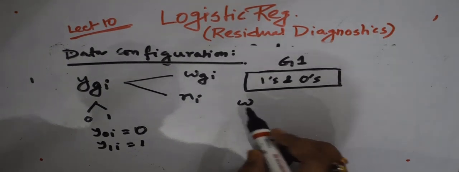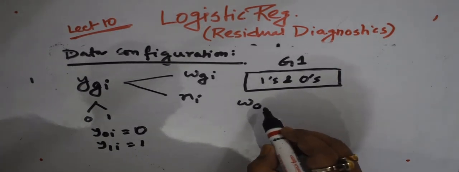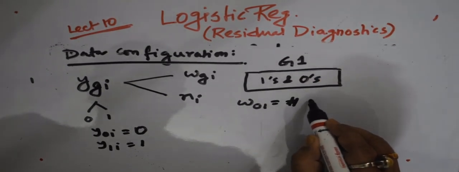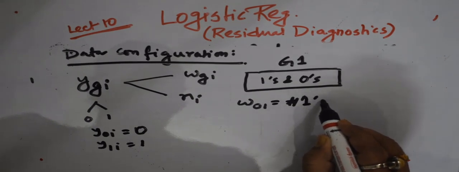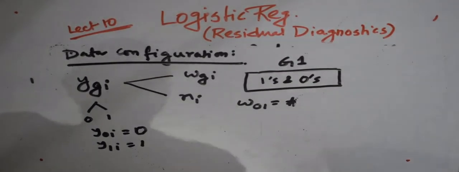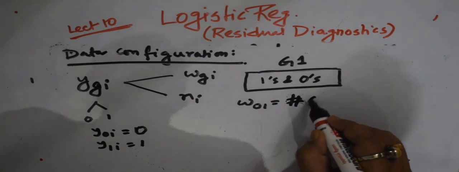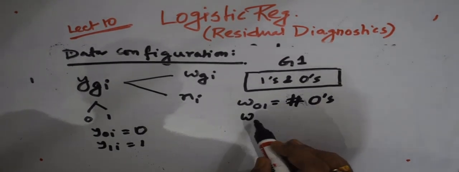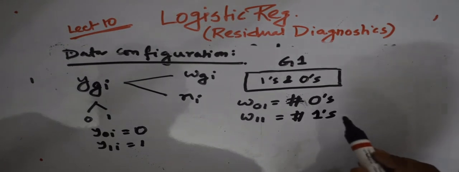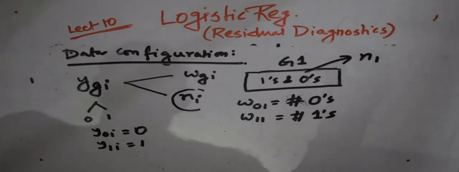When g takes 0, w0i is the total number of zeros, and w1i is the total number of ones, and this group size is ni.